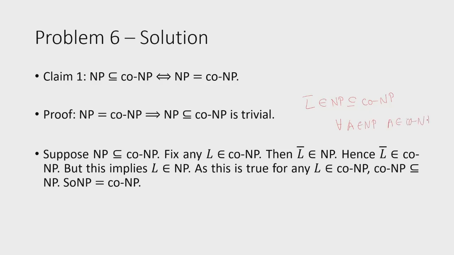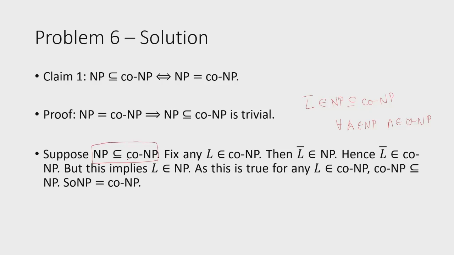So if our A is just L complement, then L complement also has to be in co-NP because it's in NP. For all A which is in NP, it should be in co-NP as well, because of this assumption.